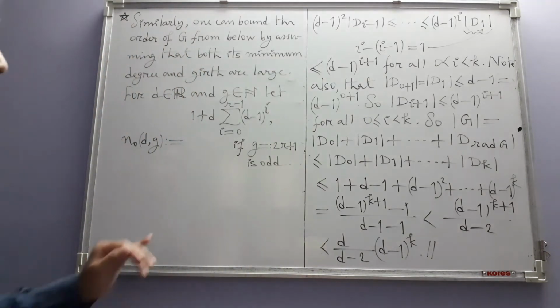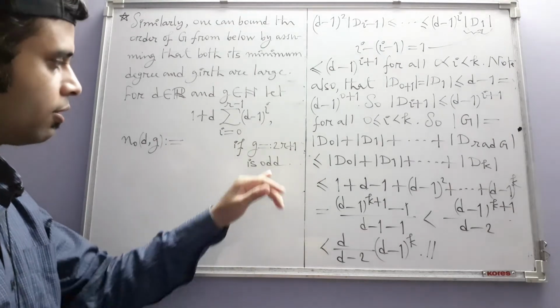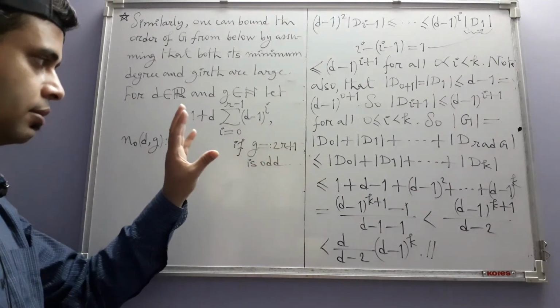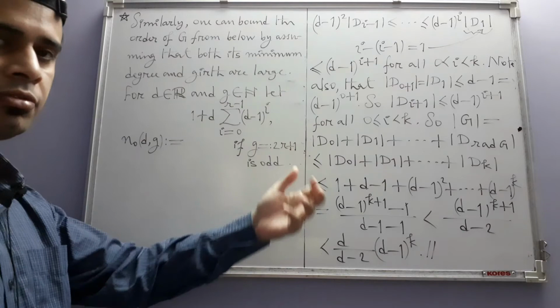If g is odd, then this r is coming from g, it is defined by g.